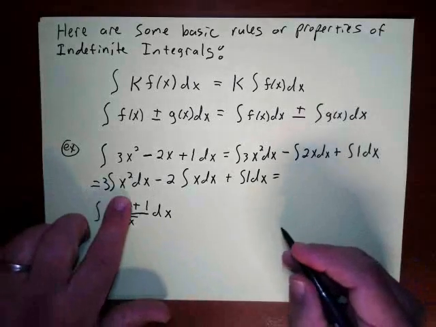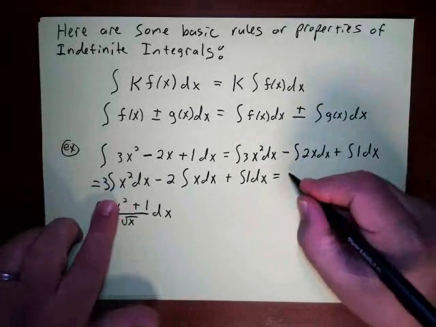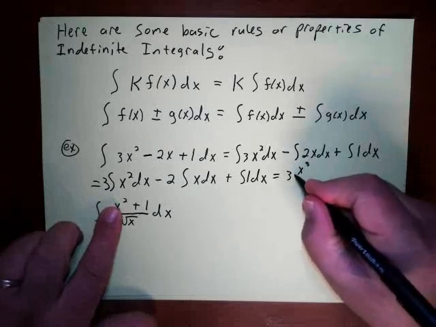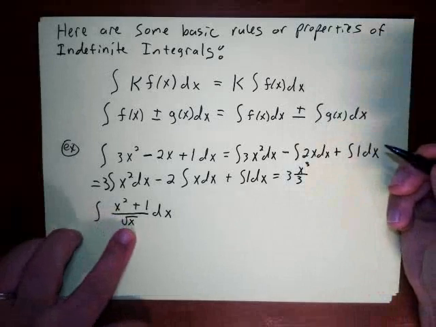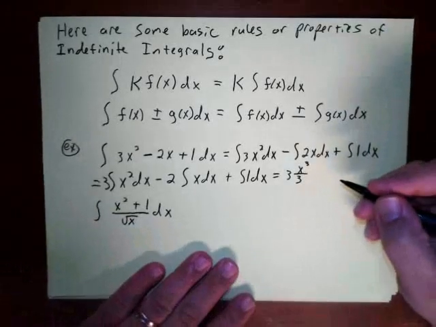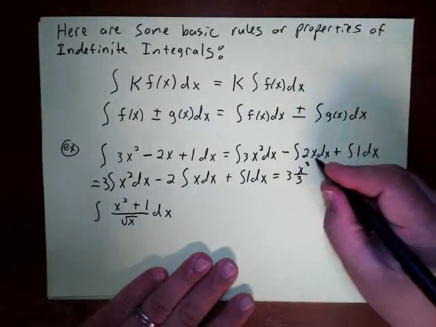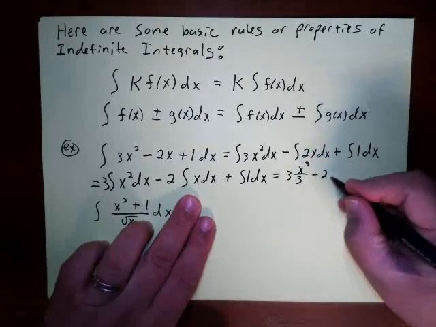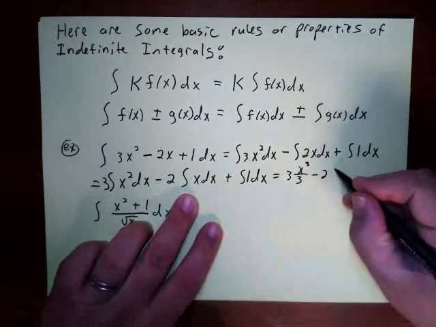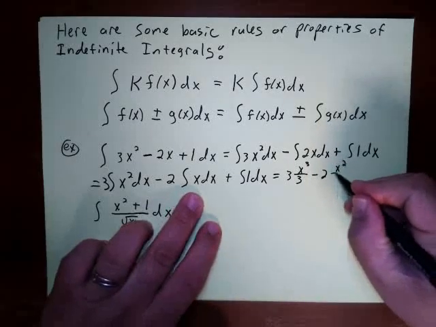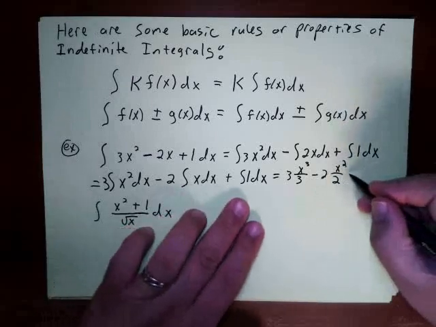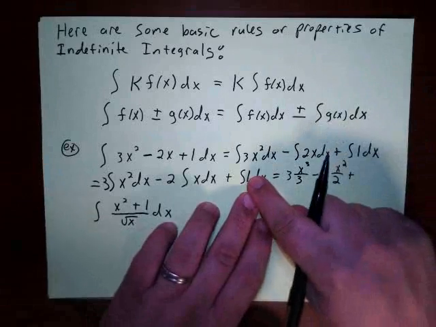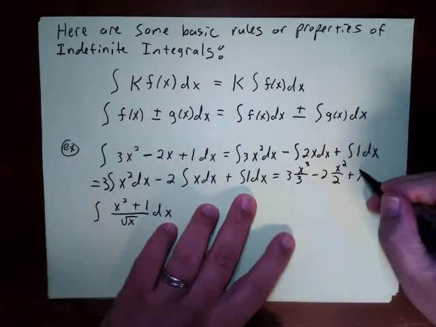And so basically I use the power rule here, and that multiplies by 3. So I'd have 3x to the 3rd over 3, like that. And then for this one, I would have minus 2 and then x squared over 2, and then this would just be plus, and with a 1 there, you would just have x.